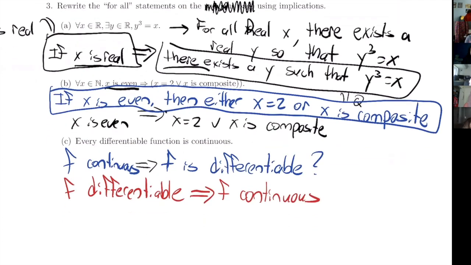Okay, yes. Here we've got it set up both ways. One of these is correct, one of them is not. So they're not saying the same thing. So this one is saying if f is differentiable, then f is continuous.